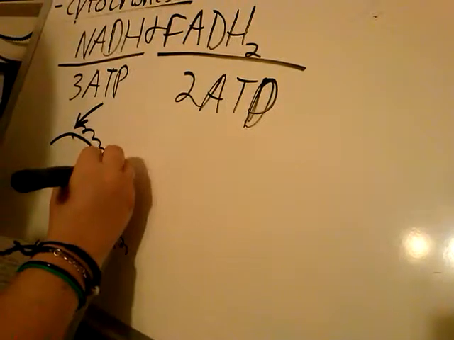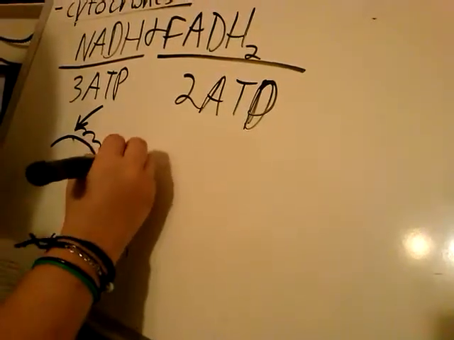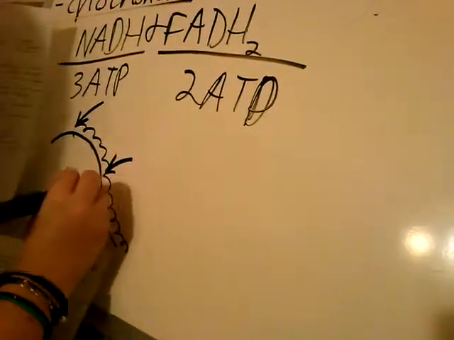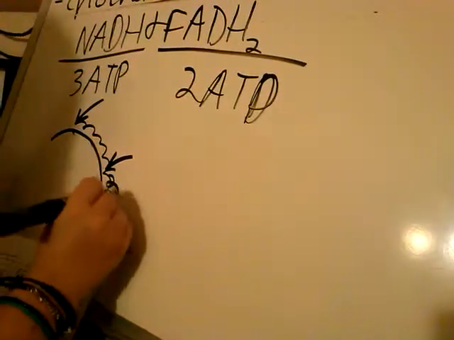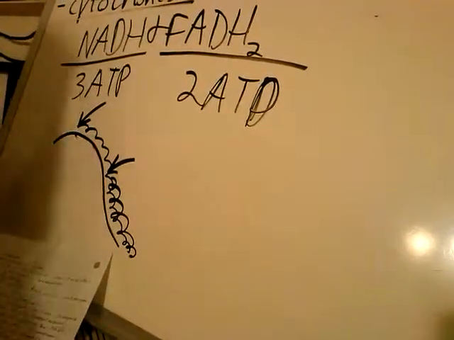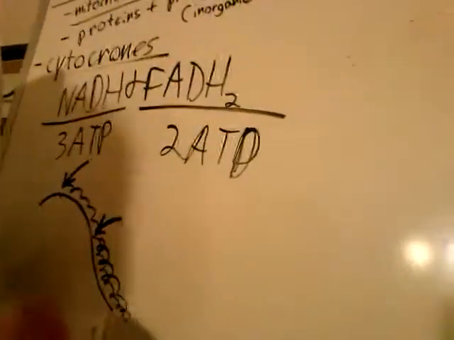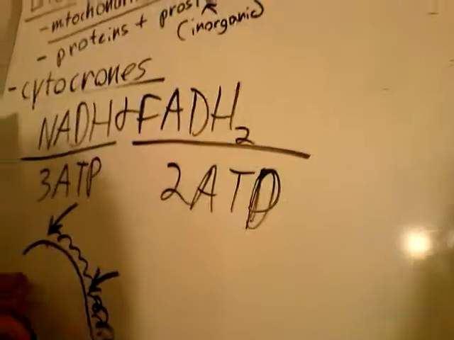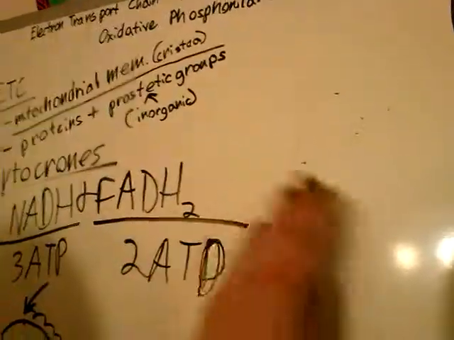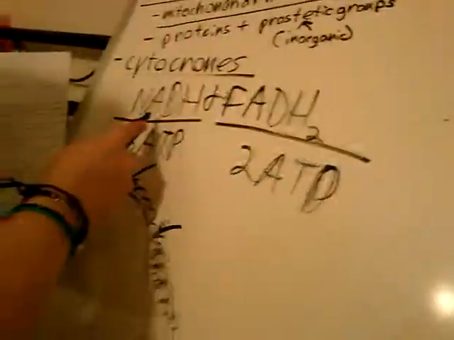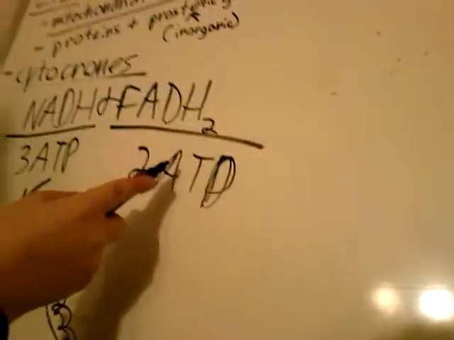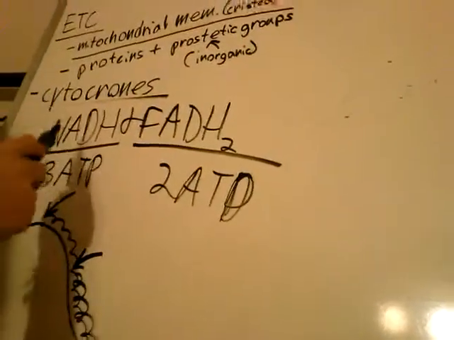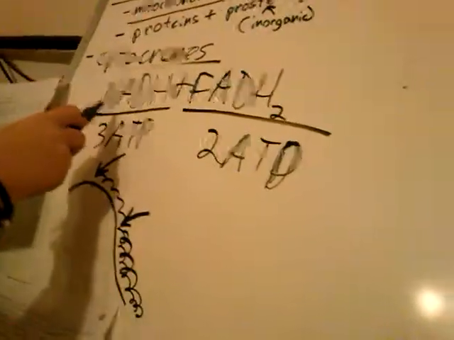But FADH2 goes in lower on the electron transport chain, on our hill, so it won't build up as much energy as the one at the top of the hill. They got farther to fall.